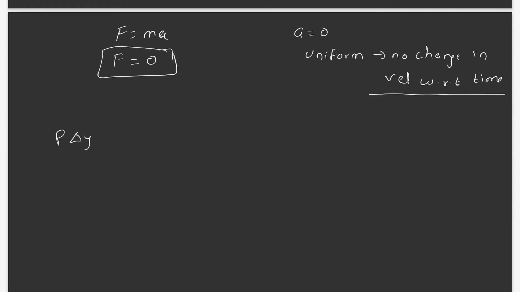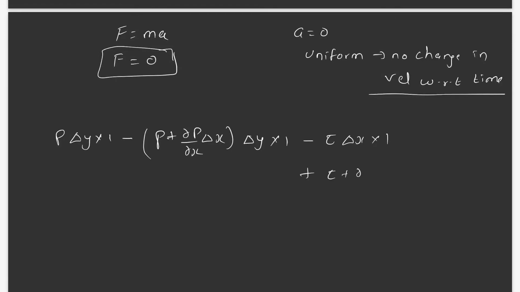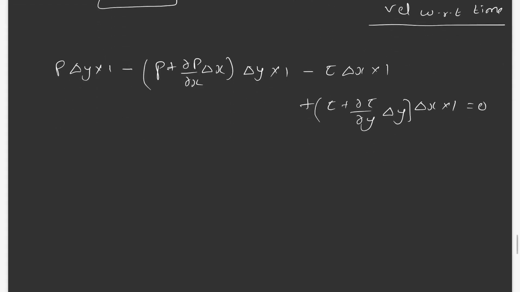P delta y into 1 minus P plus dou p by dou x delta x into delta y into 1 minus tau into delta x into 1 plus tau plus dou tau by dou y into delta y into delta x into 1 is equal to 0. From this, what do we get?